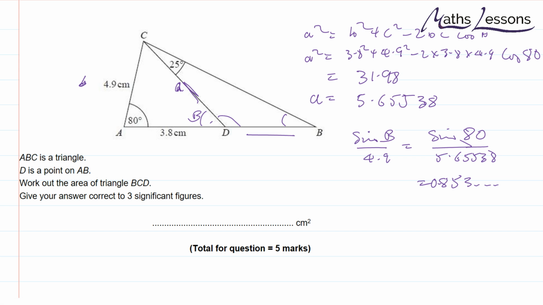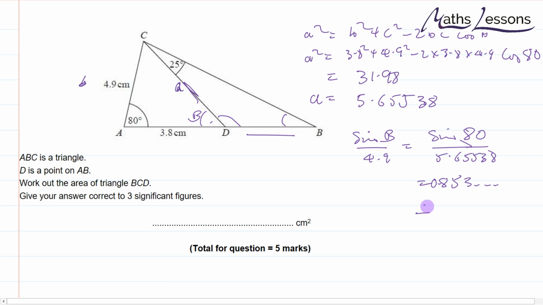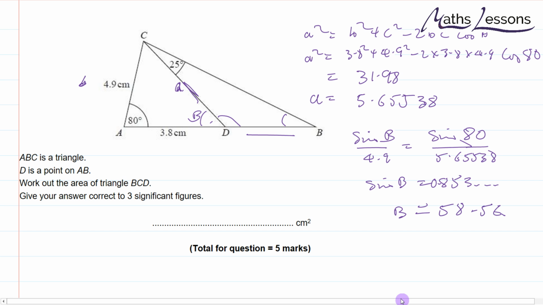Then I'm going to do inverse sine of that to find out what B is. So sine B equals that, so B equals roughly 58.56.